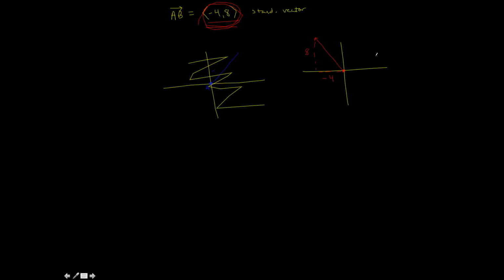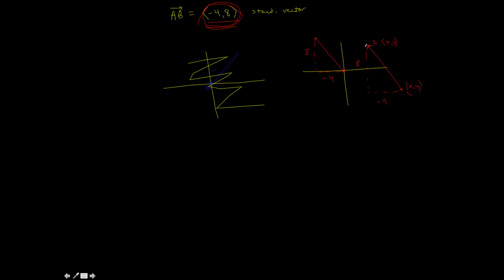So if I were to draw a vector here, and let's just suppose this vector CD is the same size and everything as this one, I have to draw it in such a way that no matter what this XY is here, or what this XY is here, when I do the difference in my X coordinates and the difference in my Y coordinates, it's not rise over run, so don't get that confused, I still have to be the same as the standard vector.